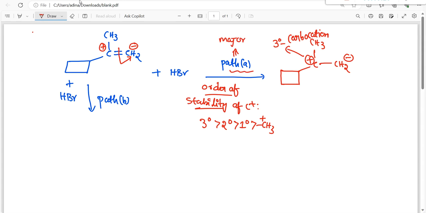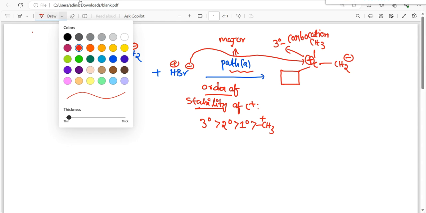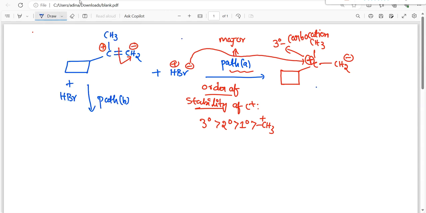For example, the carbocation having the positive charge, here Br minus and H plus. Br minus attacks on this C plus. The product formed here is C bond Br bond CH3 bond CH2 minus.